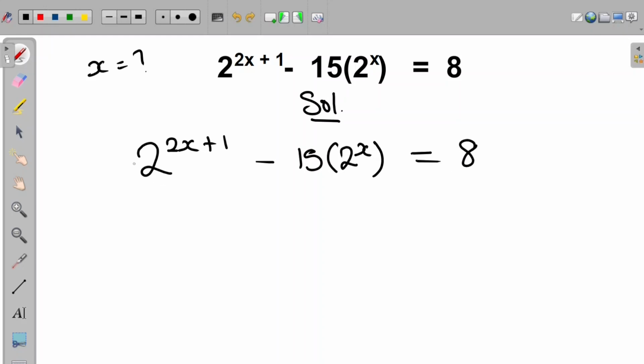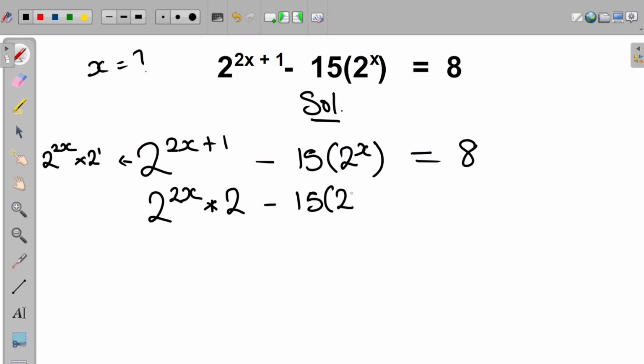Now recall that from the laws of indices, this expression here can be written as 2 raised to the power of 2x multiplied by 2 raised to the power of 1. So therefore, it becomes 2 raised to the power of 2x multiplied by 2 raised to the power of 1, which is 2, minus 15 multiplied by 2 raised to the power of x is equal to 8.